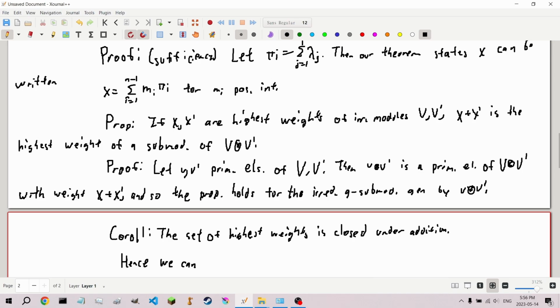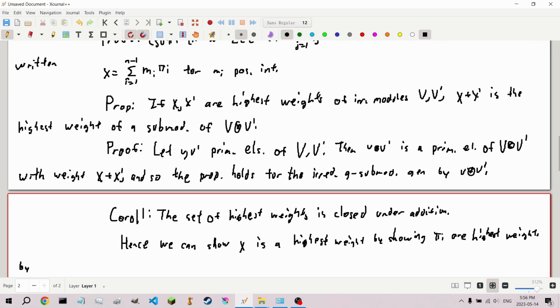Hence, we can show chi is a highest weight by showing that the pi_i's are highest weights, by giving explicitly their irreducible G modules.